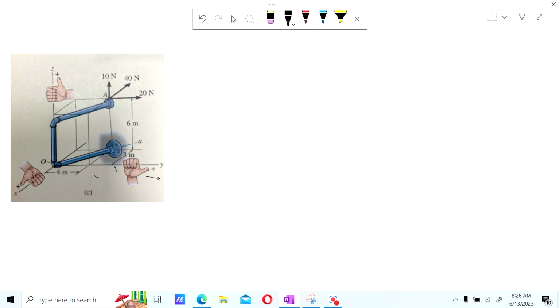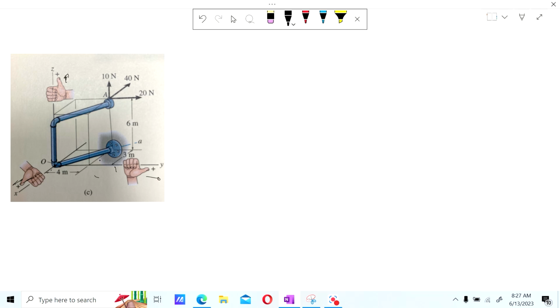underneath. You know what I mean? So like in X, you grab the axis underneath, wrap your fingers around, and the thumb will show you the positive direction. And Z is the same thing. So you try to grab it, and your thumb will show the positive direction. Okay, the same thing here.